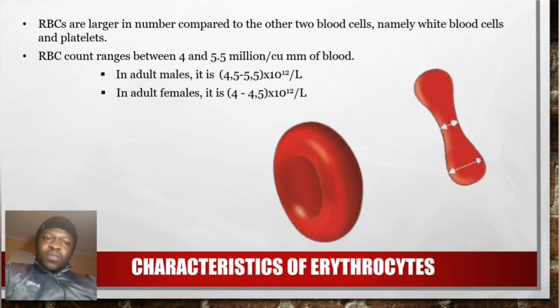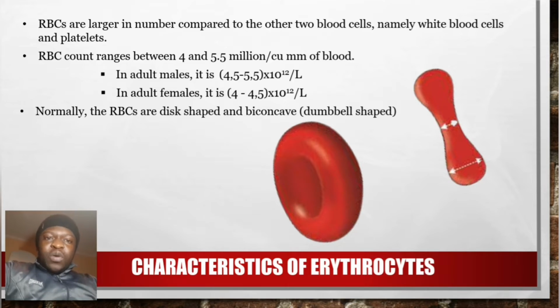These numbers vary with the source you are using. For example, if you find a woman with 3.8 or 3.9 times 10 to the power of 12 per liter, that can be normal also. So you just need to know the source you are using at your university and all will be fine.